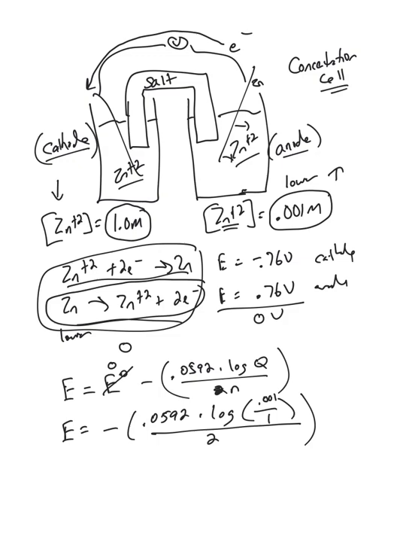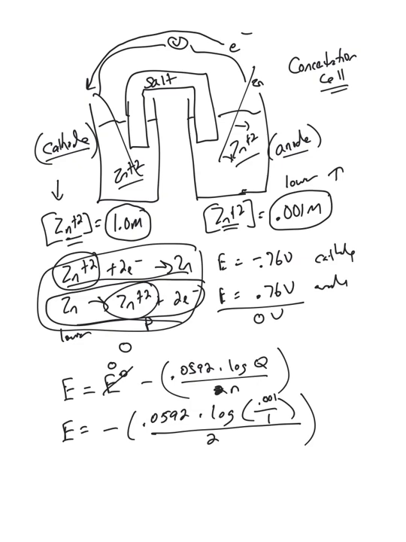Because the electron current flows from the anode to the cathode, the zinc on this side is behaving as the reactant because it's being consumed, and on the other side, the zinc is acting as a product because it's being produced. So the 0.001 molar will go on top because it's the product over the reactant of 1 molar.